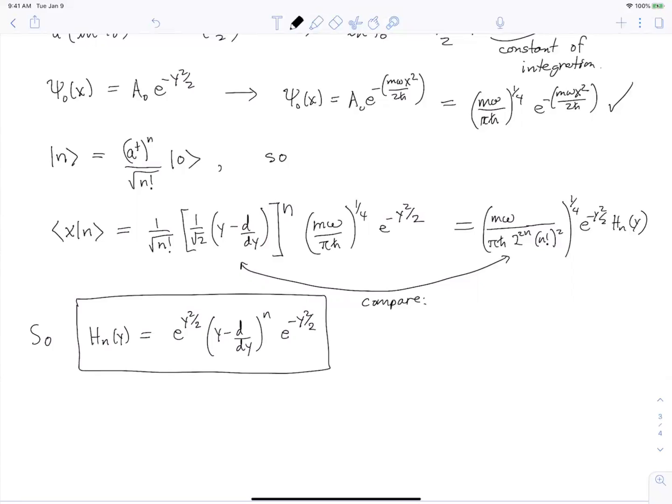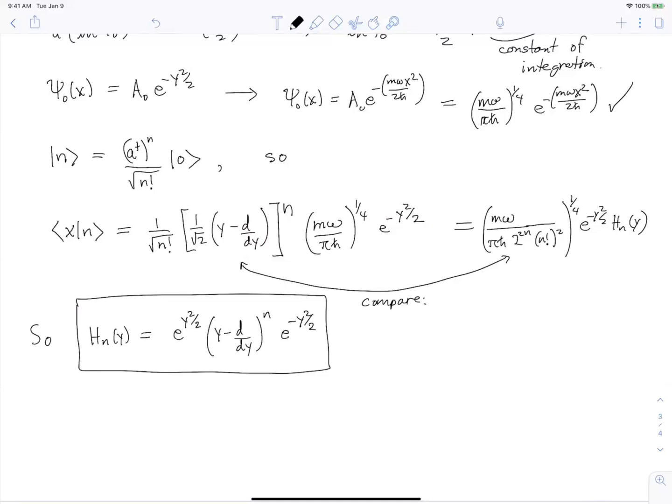You may recall that when we were doing the position representation a couple of lectures ago, I gave this formula and said we would derive it an easier way using the energy representation. And that's just what happened.